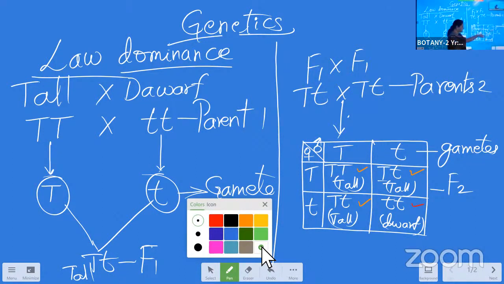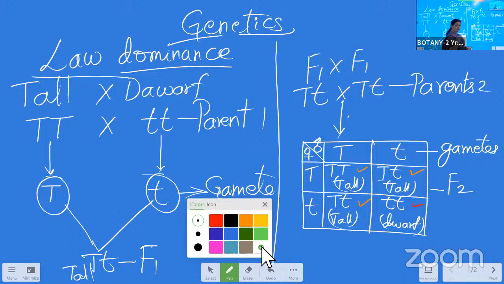So for your consideration only, because I have marked it, I read this one as tall. I kept the tick mark with another color so that you can easily remember this for the final exam, what you have to write. They may give this question, otherwise the test cross mostly, otherwise one more question for the supply exams is why Mendel selected pea plant for his experiments.